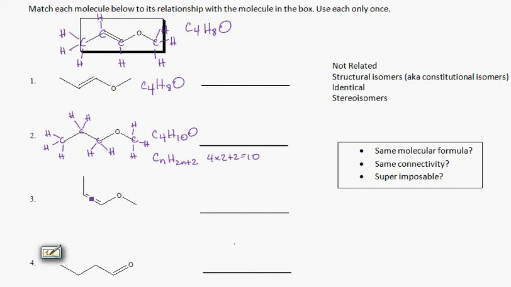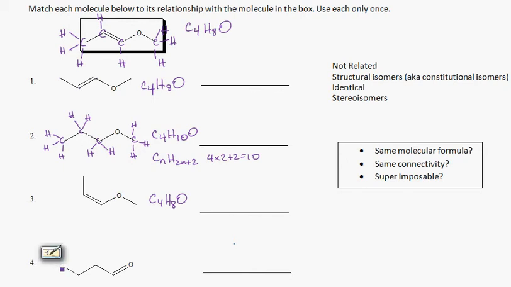So here we have 1 double bond, an oxygen that doesn't affect our hydrogen count. So if we just count the carbons, 1, 2, 3, 4, we can assume there are 8 hydrogens. You can count for yourself to double check me, but this method is very reliable as long as you know that in this case oxygen doesn't affect the hydrogen count.